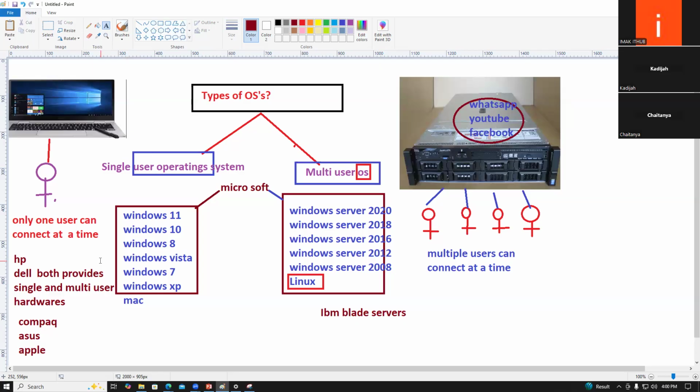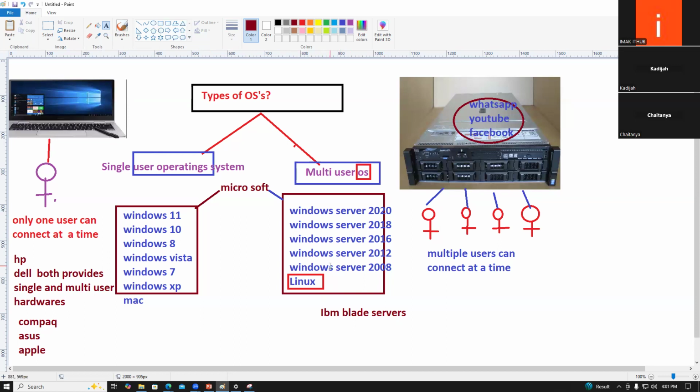A single user operating system supports only one user at a time. But with multi-user, we can connect multiple users at a time. Now you understood types of OSs and types of hardware.